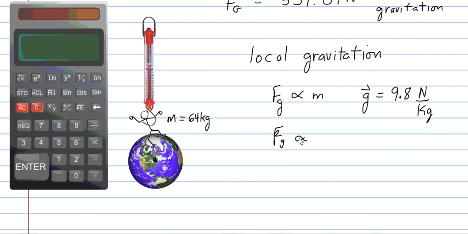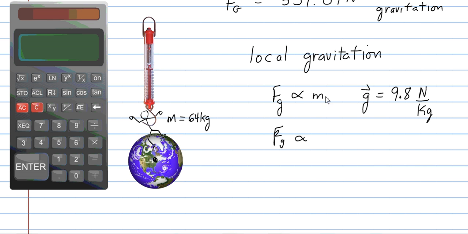So the force of gravity will be directly proportional to the gravitational field strength, provided the mass remains constant. When we put these together, we end up with an equation that says that F sub G is equal to m times g. So that's a fairly simple, straightforward multiplication.